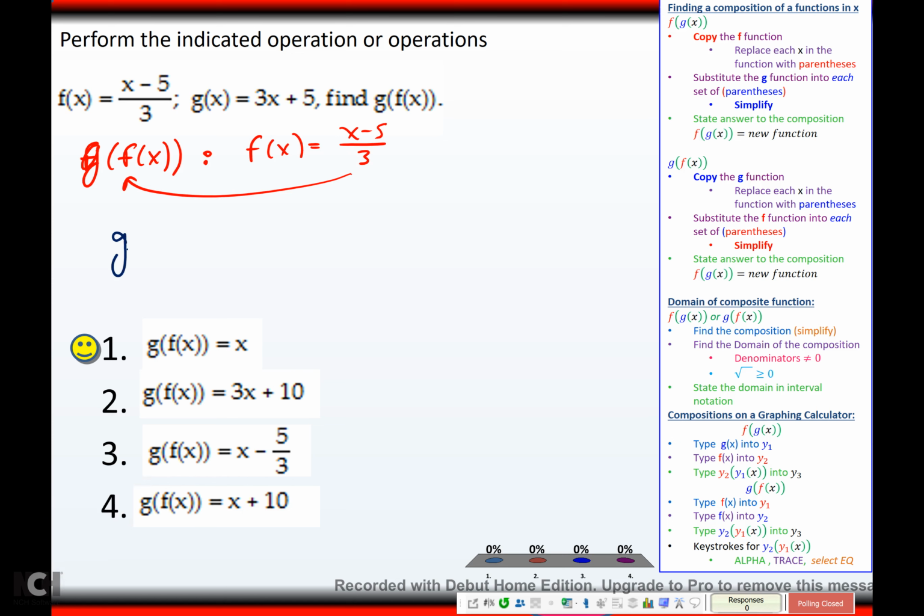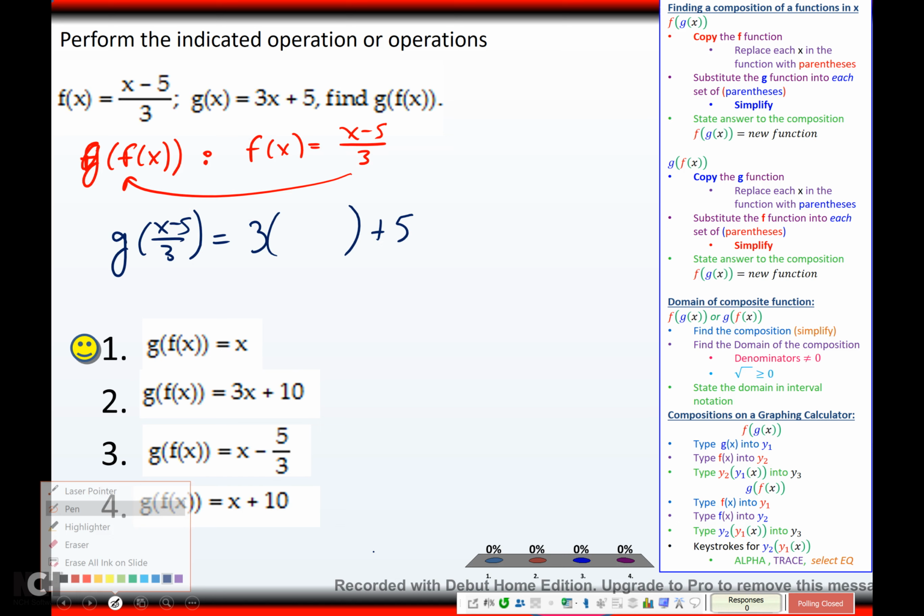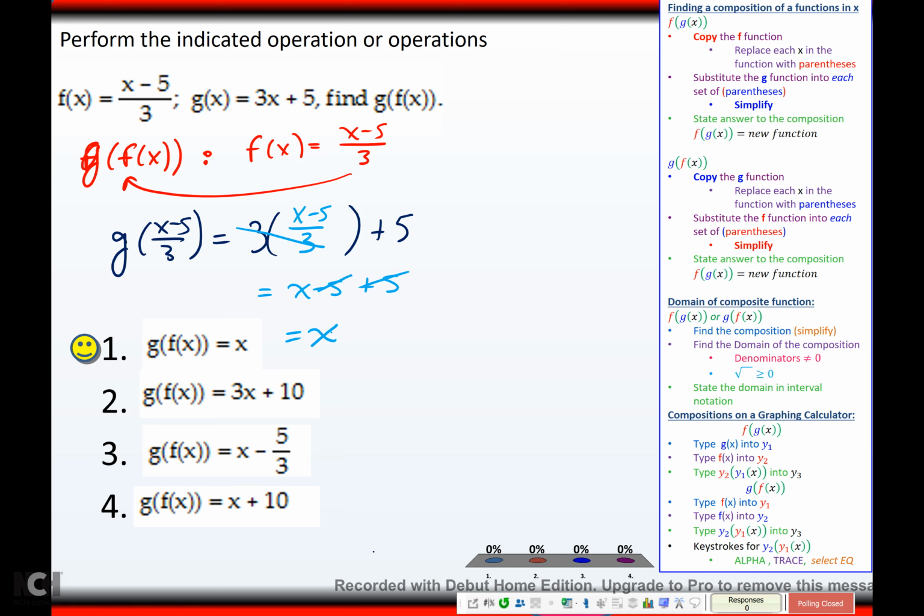So I'm finding g of x minus 5 over 3. G says 3 times whatever you brought plus 5. I brought x minus 5 over 3. Simplify, those 3's cancel. That gives me x minus 5 plus 5. The 5's cancel, and I get x. So g of f of x equals x.